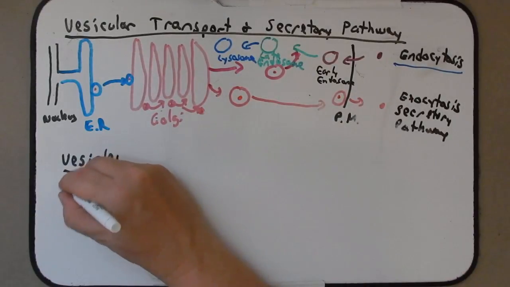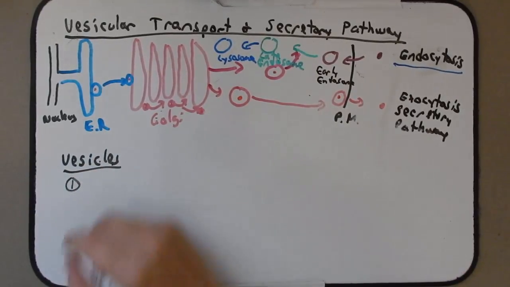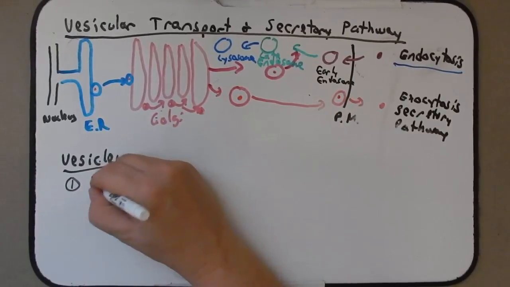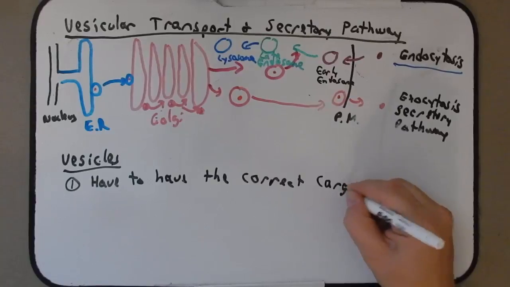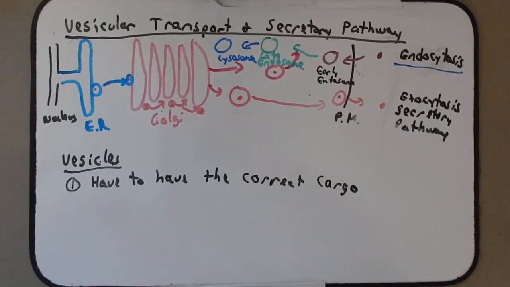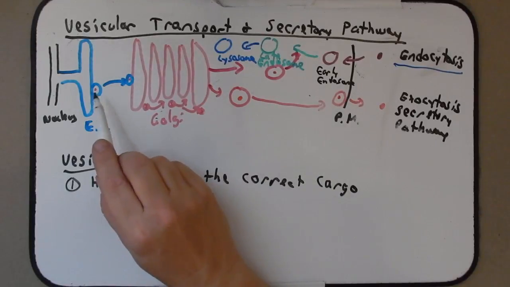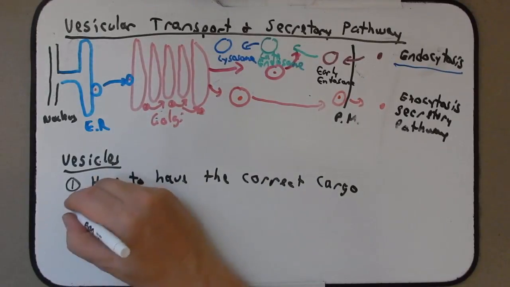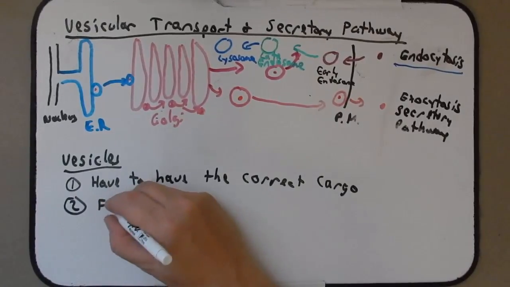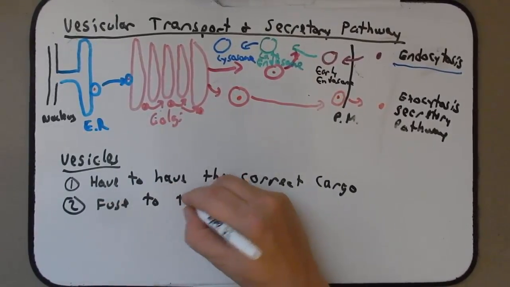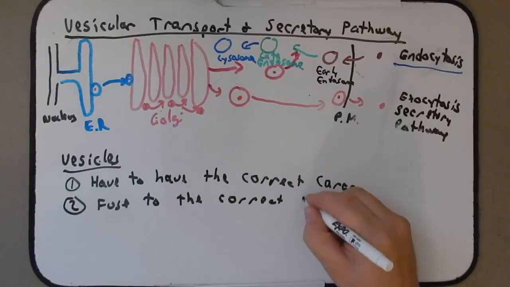So these transport vesicles must do two things. They have to have the correct cargo. The cargo could be proteins, it could be a specific kind of lipid, but whatever it is, it has to have it in the right vesicle. Second, the vesicle has to fuse to the correct target.